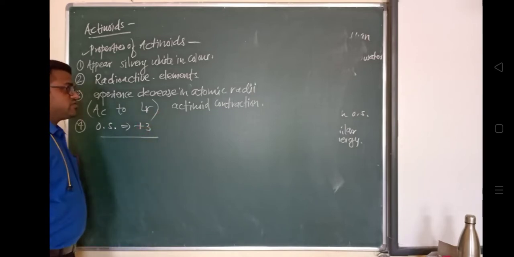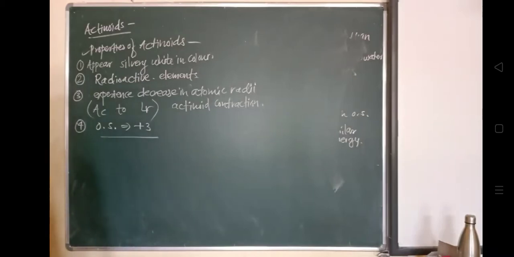We have seen the electronic configuration, the basic general formula for the actinoids. Because of the 5f orbital filling, the size contracts, due to which it is called actinoid contraction.